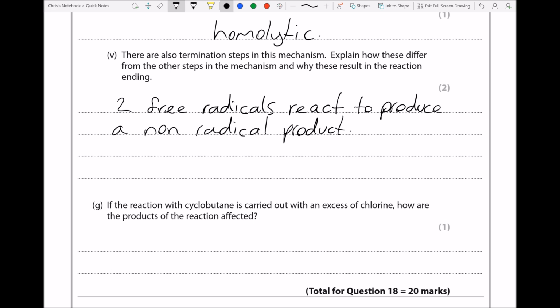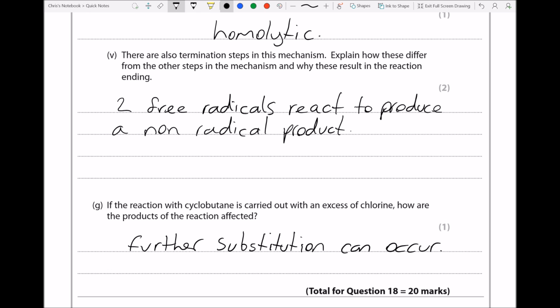They'll keep on reacting, and you get further substitution. So further substitution can occur, and obviously that gets the last mark. So there we are, that is the end of question 18.